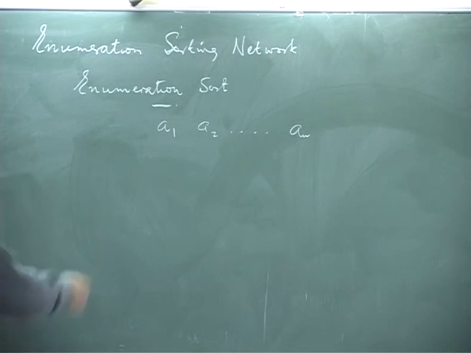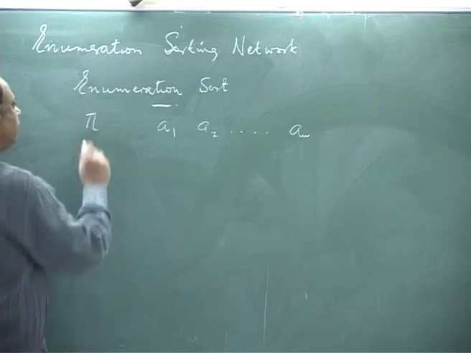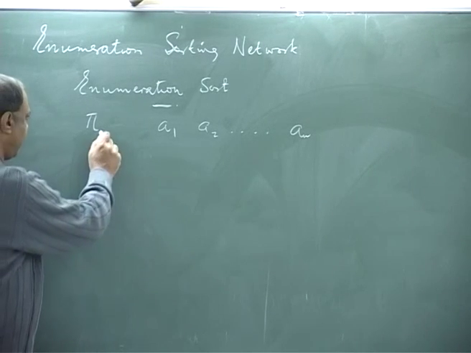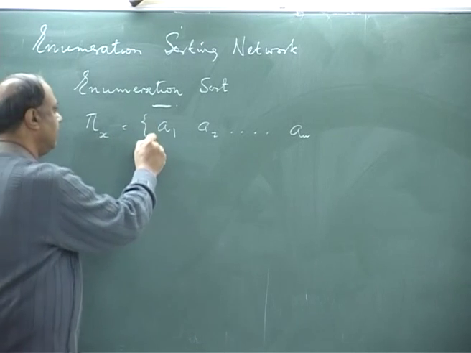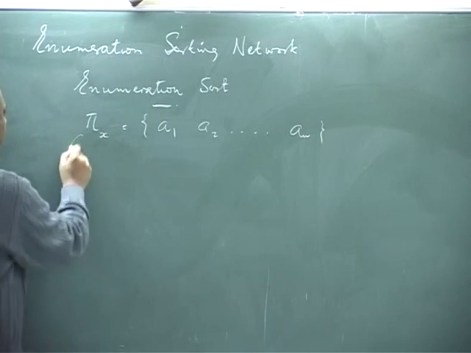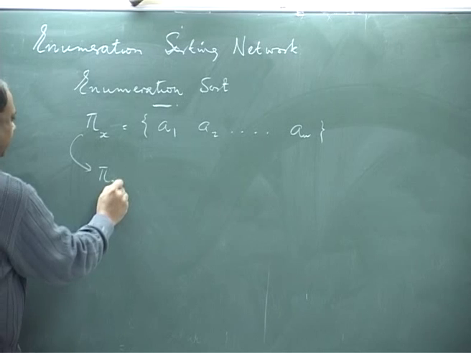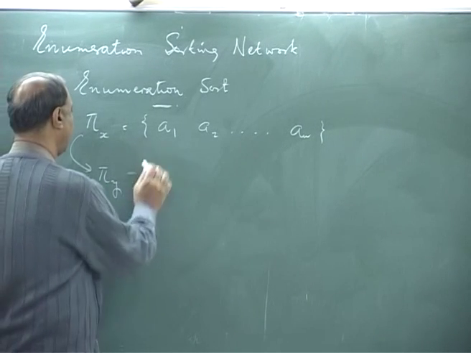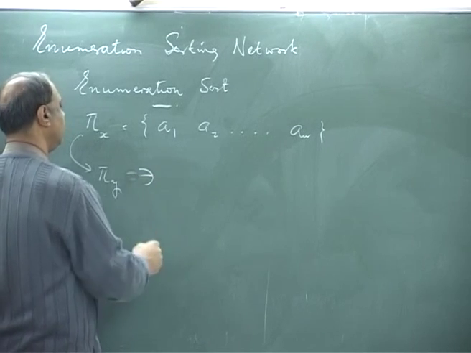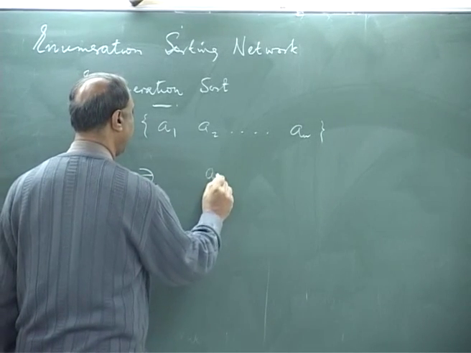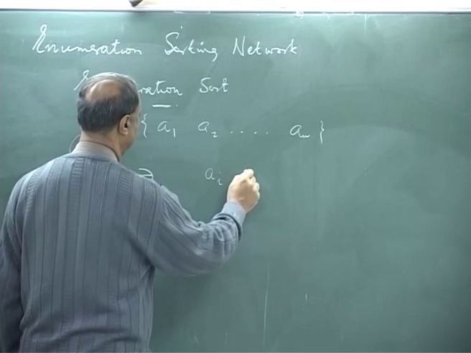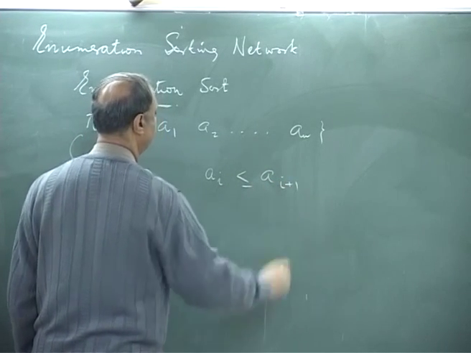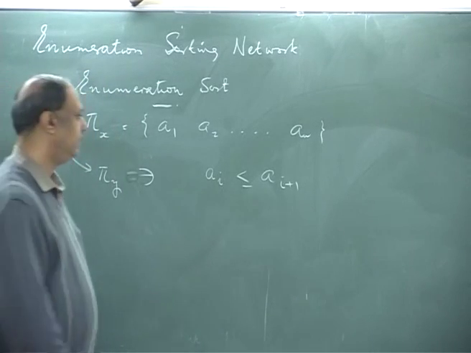So basically I can write this is a permutation of n elements, say pi x. You want to get pi y such that ai is less than or equal to ai plus 1.